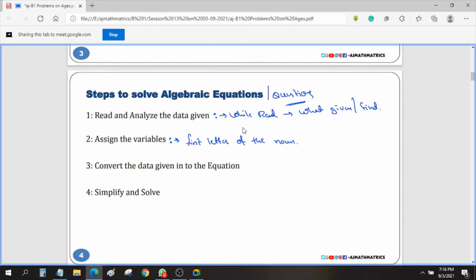Is x representing Ajay or Vijay? You may get confused, and if it is asking about Vijay's age and you write Ajay's age in place of Vijay's age, there is a chance of confusion, right? There will always be a chance of confusion in the examination because we are in a hurry. The countdown timer runs at the top right side, so that will obviously put pressure on you. Okay, that's why I'm telling you.